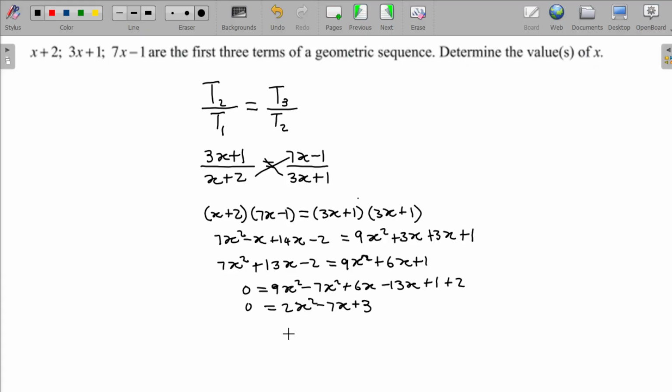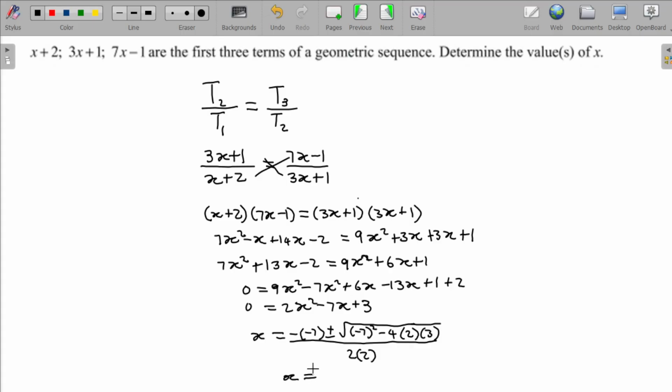Then from here we can do what we call the quadratic formula. x equals negative into negative 7, plus or minus the square root of negative 7 squared minus 4a, which is 2, and c as 3, and then all over 2 into a as 2. And then let's see what values of x we find.